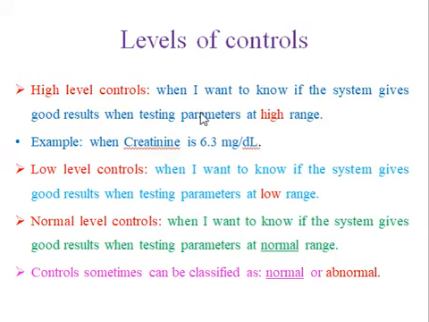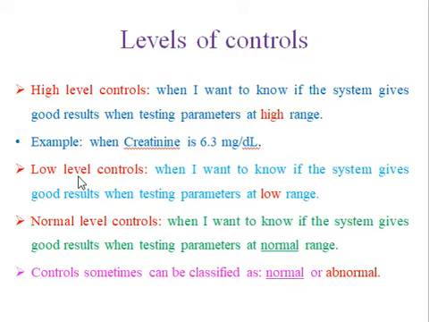Control samples also have levels or classification. There are three types of controls, or three levels. A high level control is used when the parameter to be tested in the sample is expected to be high, and it should be used and tested in parallel to the sample.